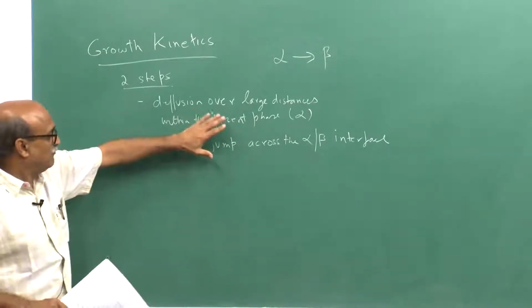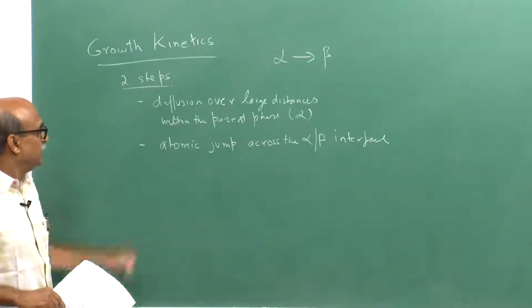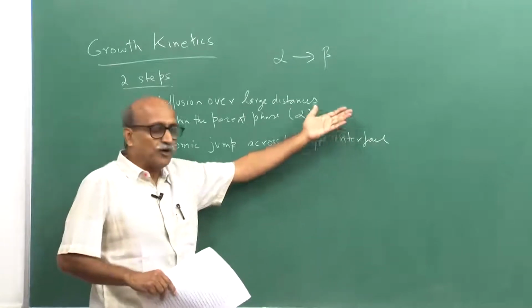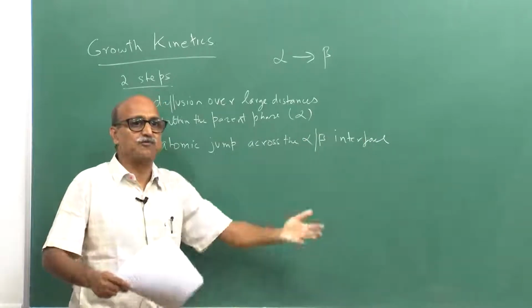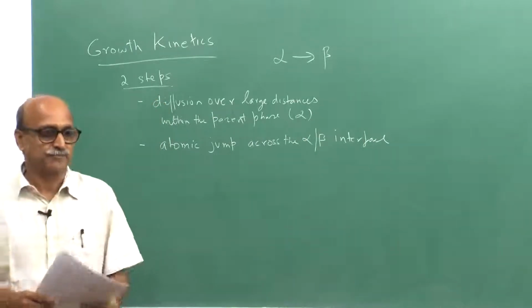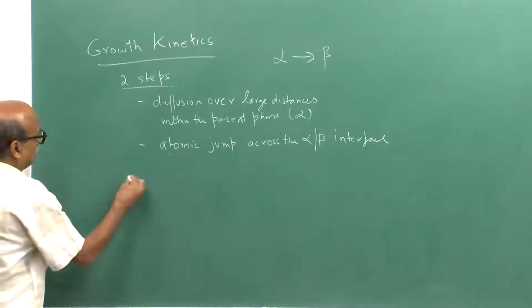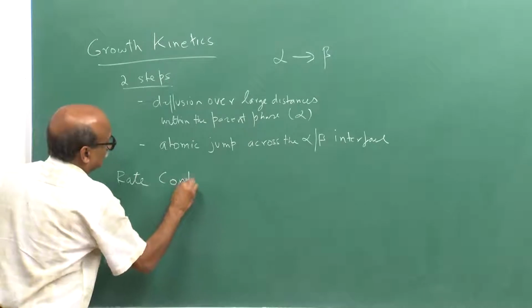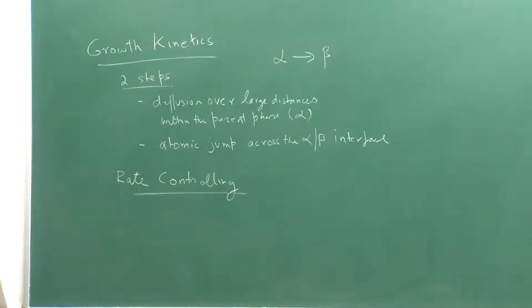But whenever you have more than one step involved in a process, there can be systems where one of the steps is rate controlling, and the rate controlling step is the one which is the slow step. So, let us look at some scenarios of rate controlling step.